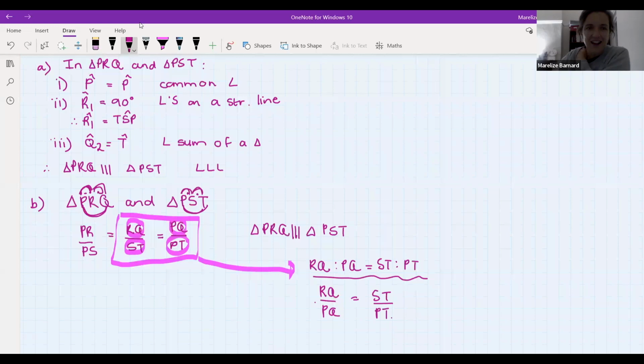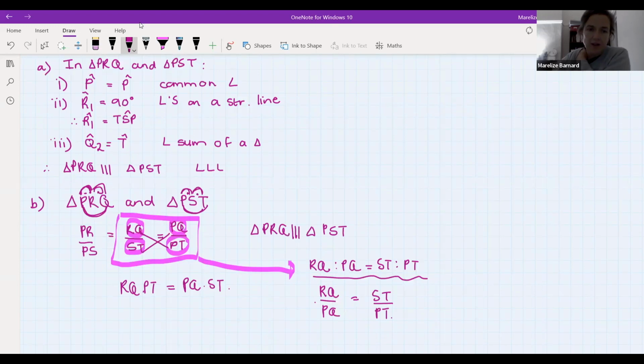Good stuff. Okay, so we're going to go RQ times PT. So cross multiply like that and cross multiply like that, PQ times ST. And we want the PT to be here with the ST and the PQ to be with the RQ.